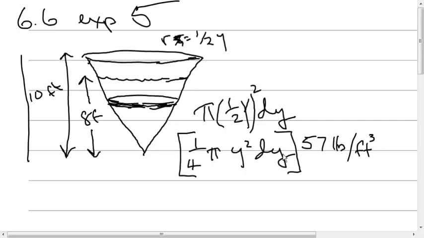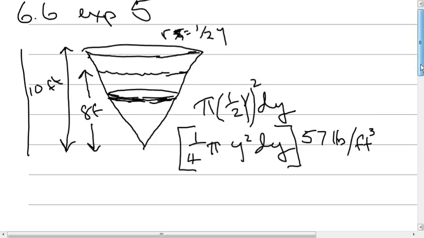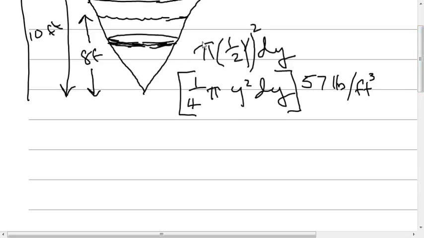So we have to multiply 57 times this. When we do that, we get how much mass we have to pump out of here. So let me write this out. This is 57 times 1/4 pi y squared dy. So far so good.